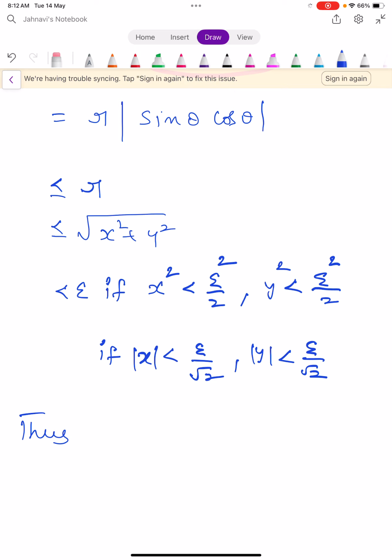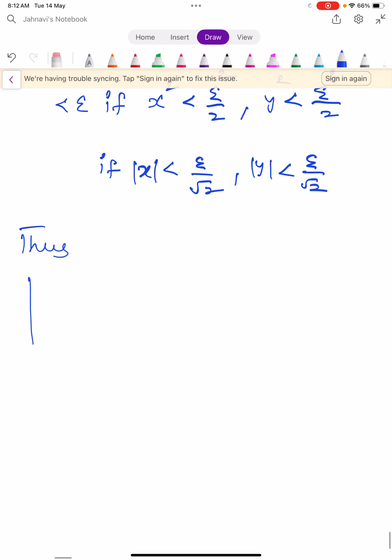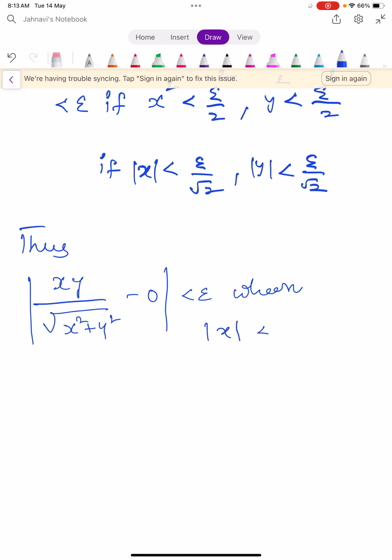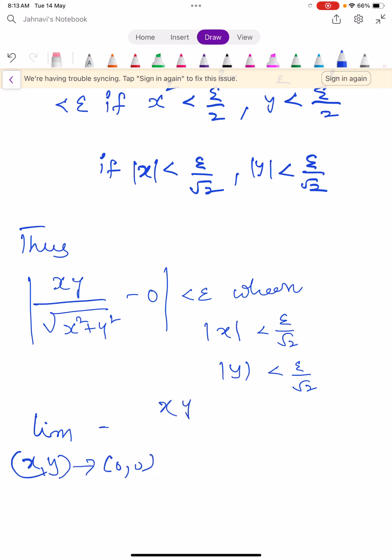Thus we conclude that mod xy by square root of x square plus y square minus 0 is less than epsilon when mod x is less than epsilon by root 2 and mod y is less than epsilon by root 2. This condition shows that limit x comma y tends to 0 comma 0 xy divided by square root of x square plus y square is equal to 0.